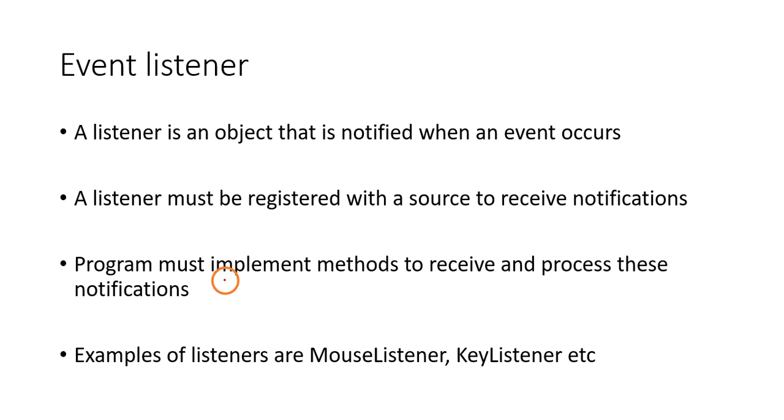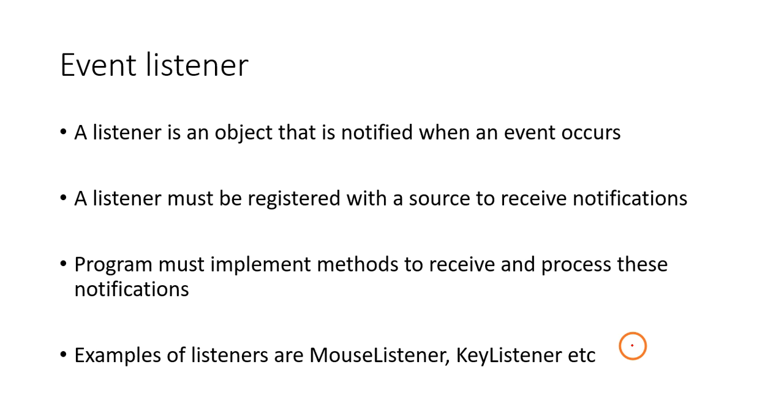And in your program, you must write some methods to receive and process those events and perform some operations. We will see in the demo, don't worry. Some examples of listeners are mouse listener, key listener, window listener, and so on.